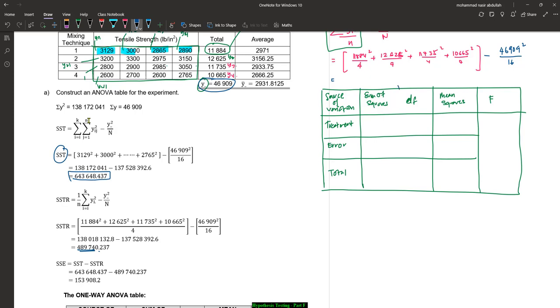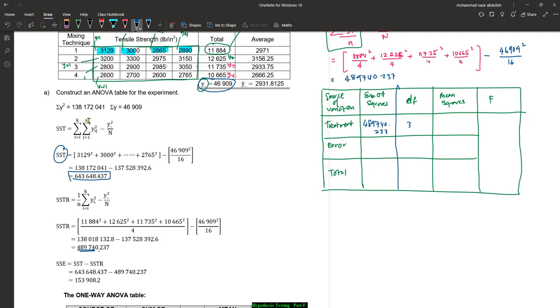So this one should be 4. This one, 489,740.237. You kena kira balik. I tak kira kan? I just nak tulis value saja. This is 489,740.237. And this is 3. So divide by 3 lah.